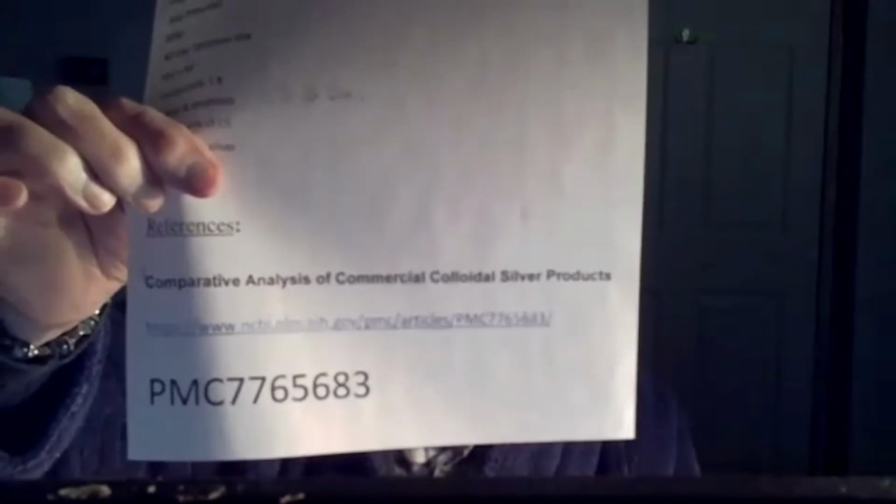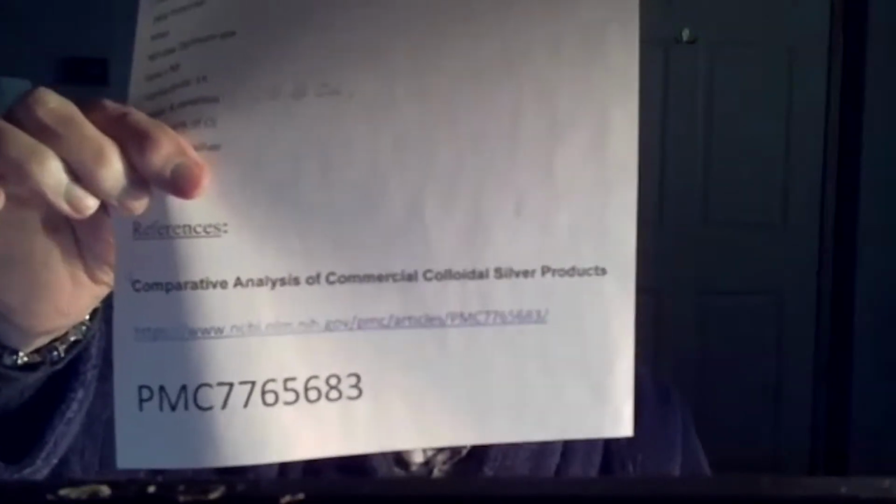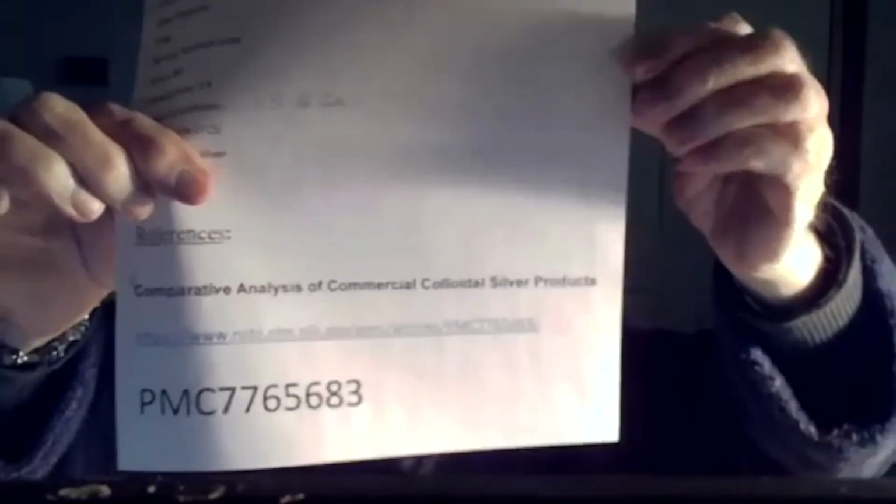Now, on my website, I have a link to an important article comparing these, and how some of the so-called best colloidal silvers on the market, such as this one, are criticized as being fake. They're not colloidal; they're ionic, and that is fake.